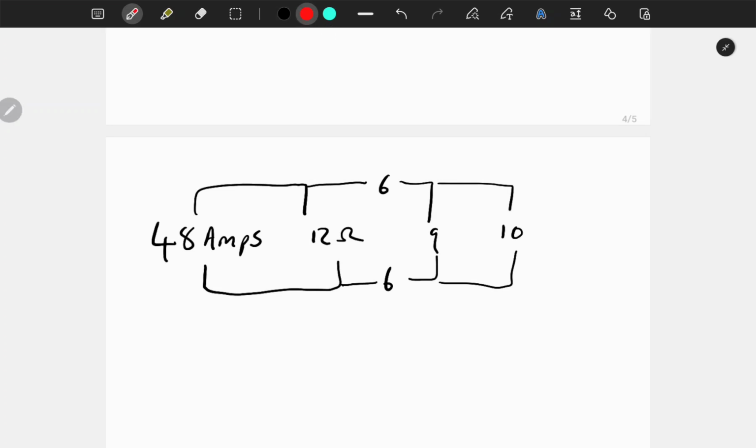So the 10 is our, wait, before we start, let me just write it out. So they want us to find I10.